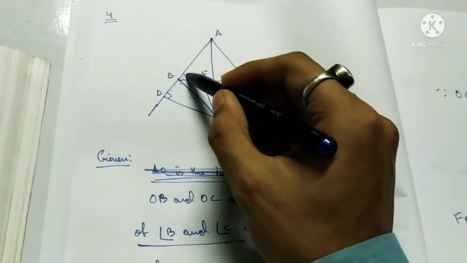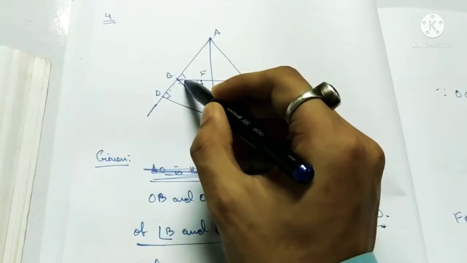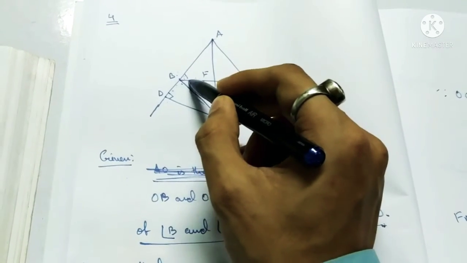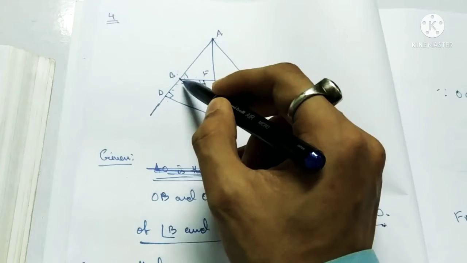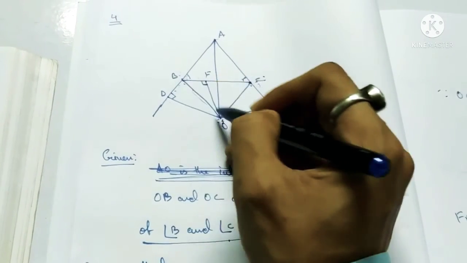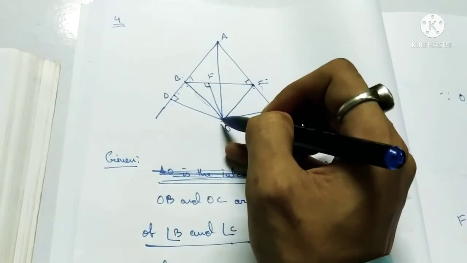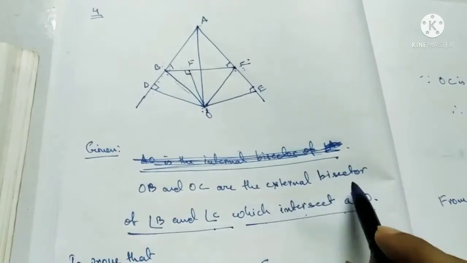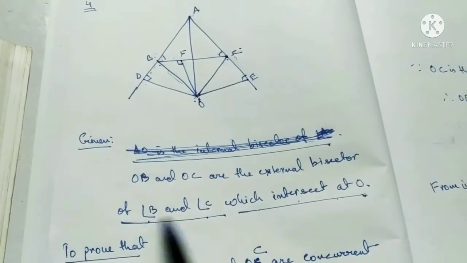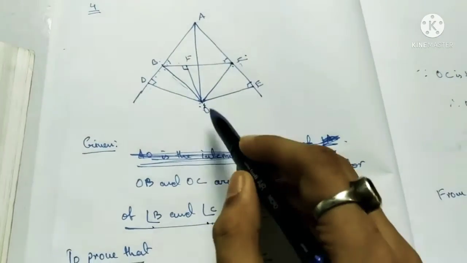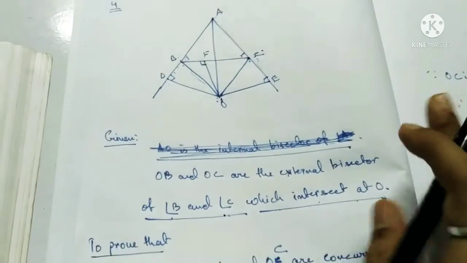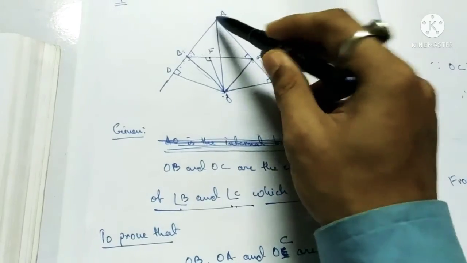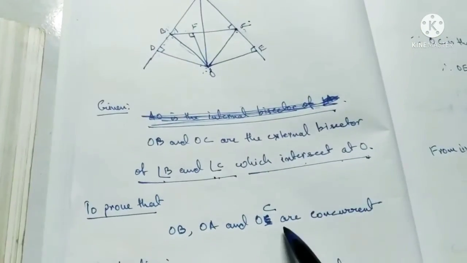This is internal angle B, and this will be the external angle. This angle is the external angle of angle B, and BO is the bisector of this angle. So BO and CO are the external bisectors of angles B and C which intersect at O. To prove that OB, OA and OC are concurrent.